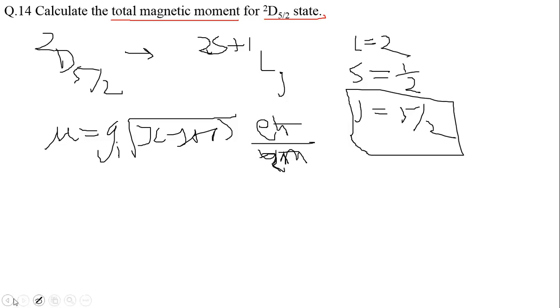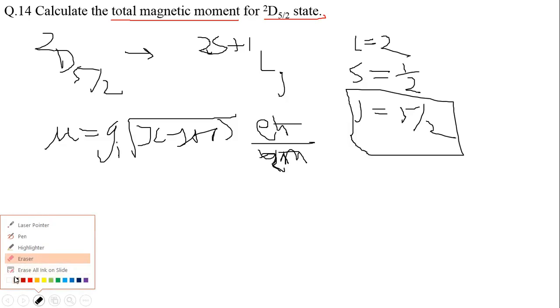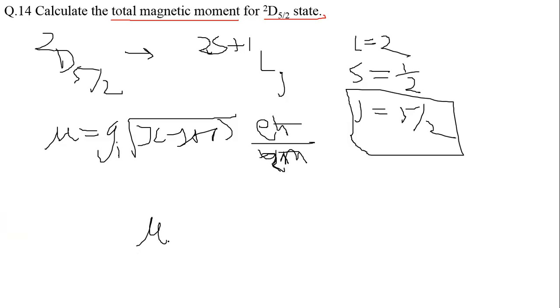Because when we calculated it, it was minus mu_B into L. So eħ by 2m is nothing but mu_B.